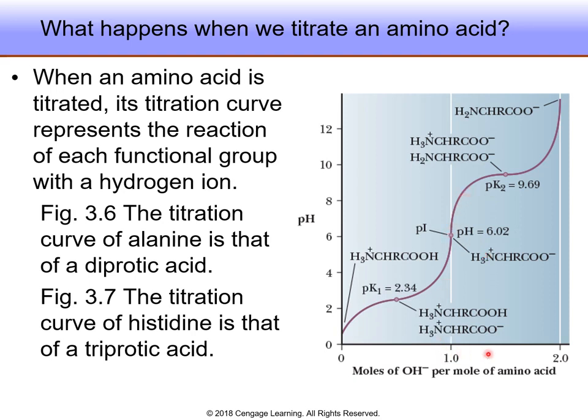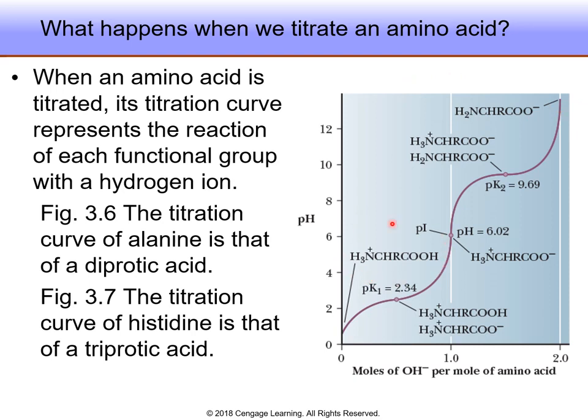We add another mole of OH-, pH increases, and at midway titration, we again have pH equal to pKa2 this time. Here the two forms are in equal concentration, and then we continue adding the second half mole so that the pH increases and we get our anionic form.